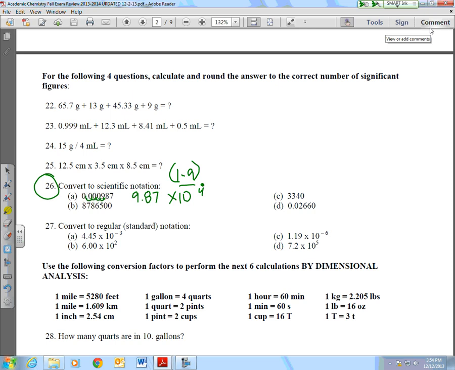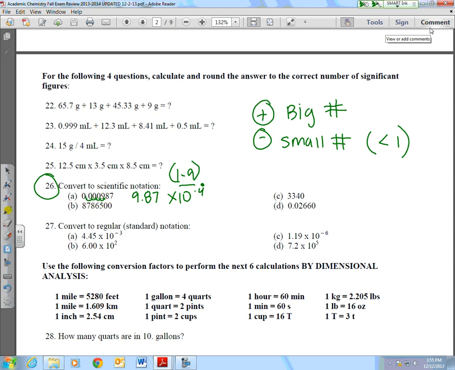Now the question is my exponent positive or negative? I think I teach this kind of differently too. Okay? A positive exponent means big number. A negative exponent means a small number, meaning it's less than 1. Okay? So is this a big number or a small number?